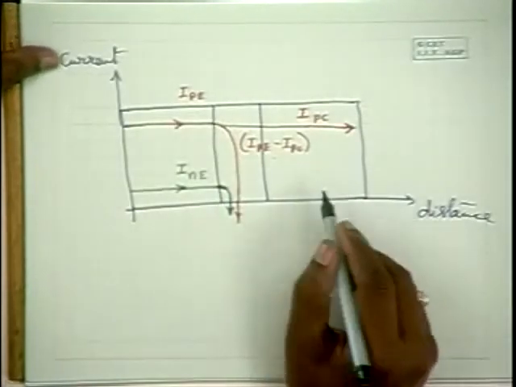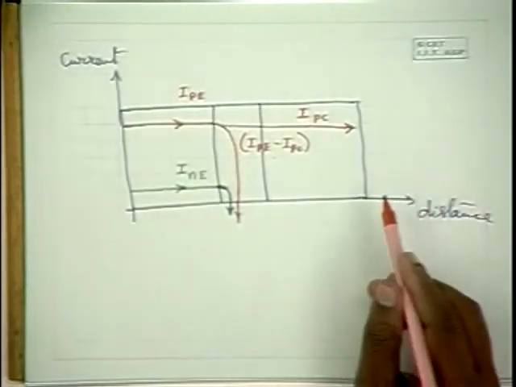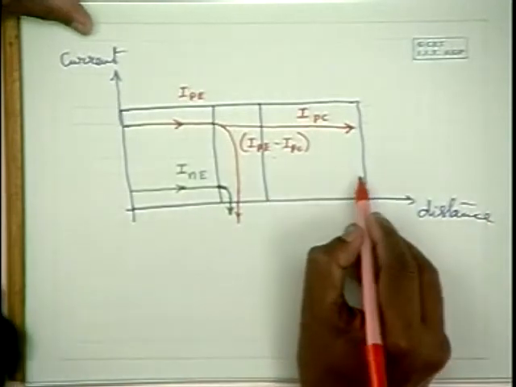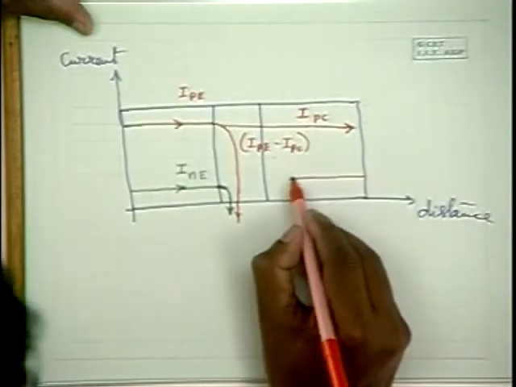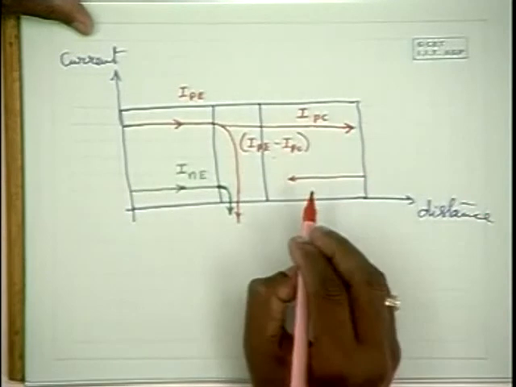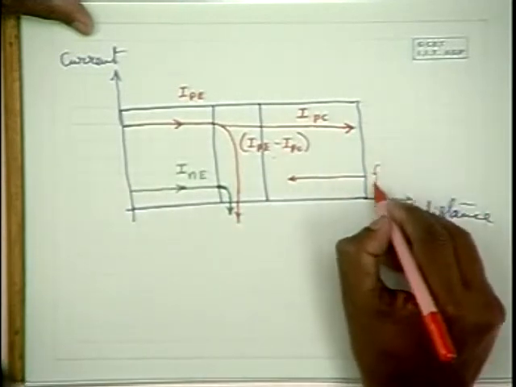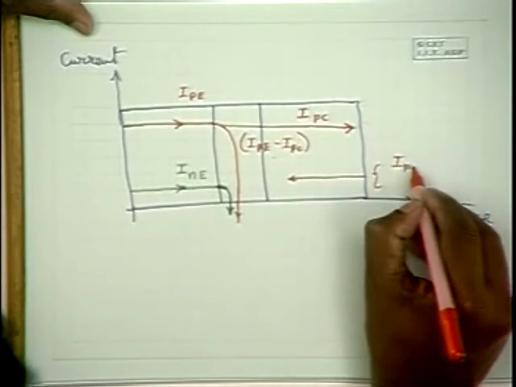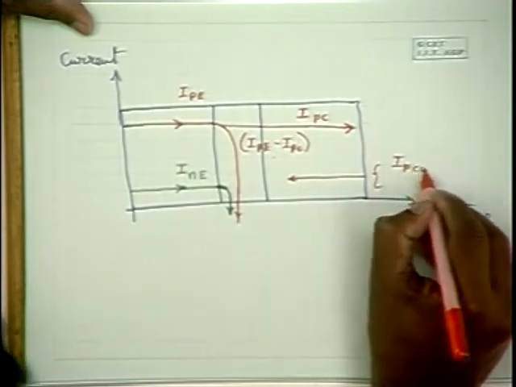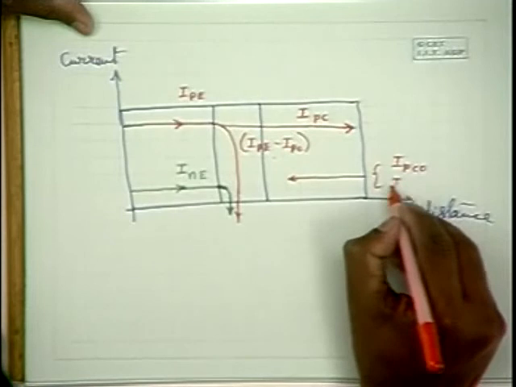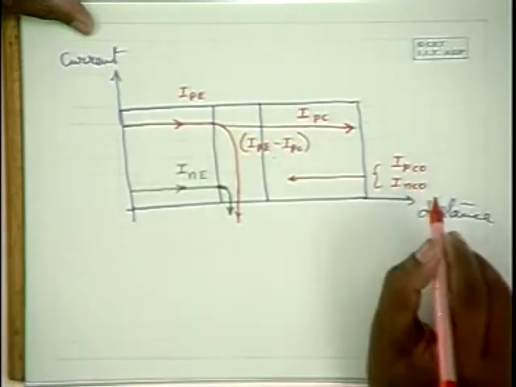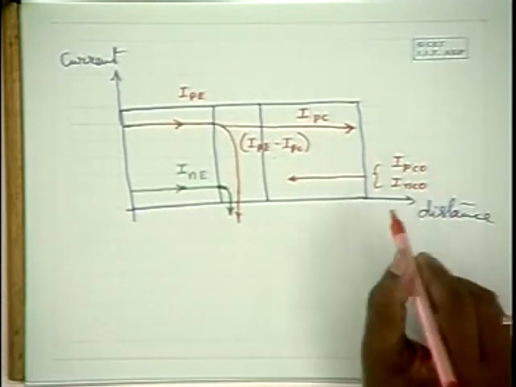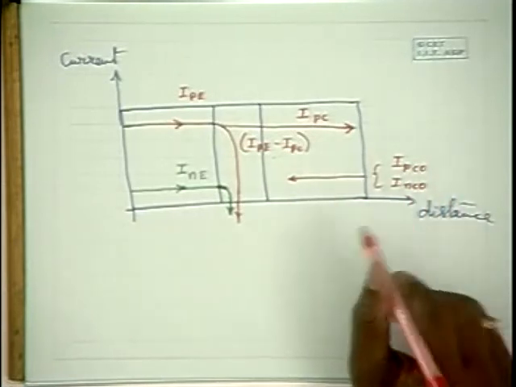This minority carrier current is of a low value, and it is partly due to the holes, if I indicate it as IPC naught, and the electrons. So it is due to the summation of the drift of these two.